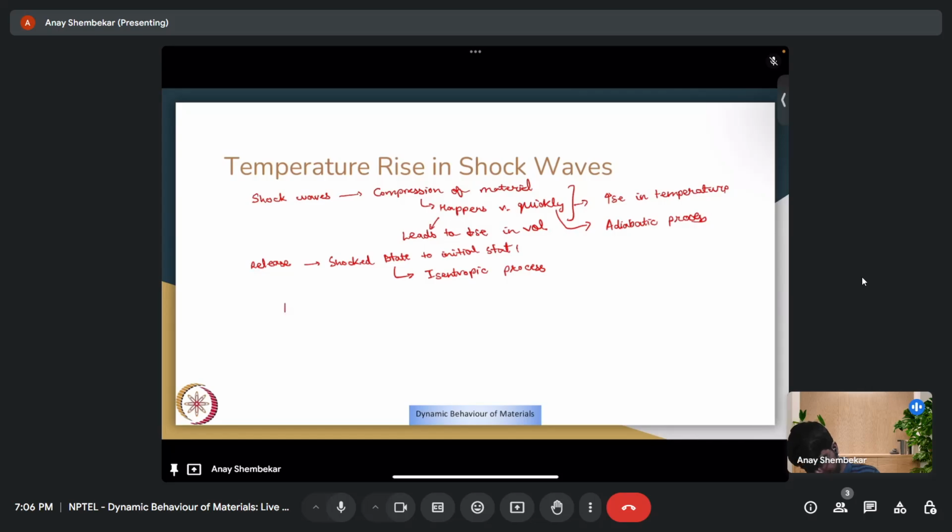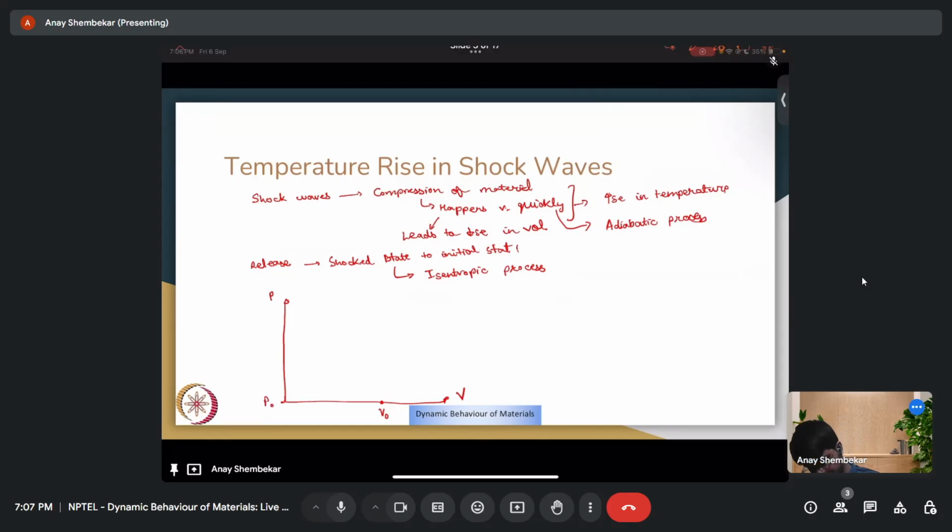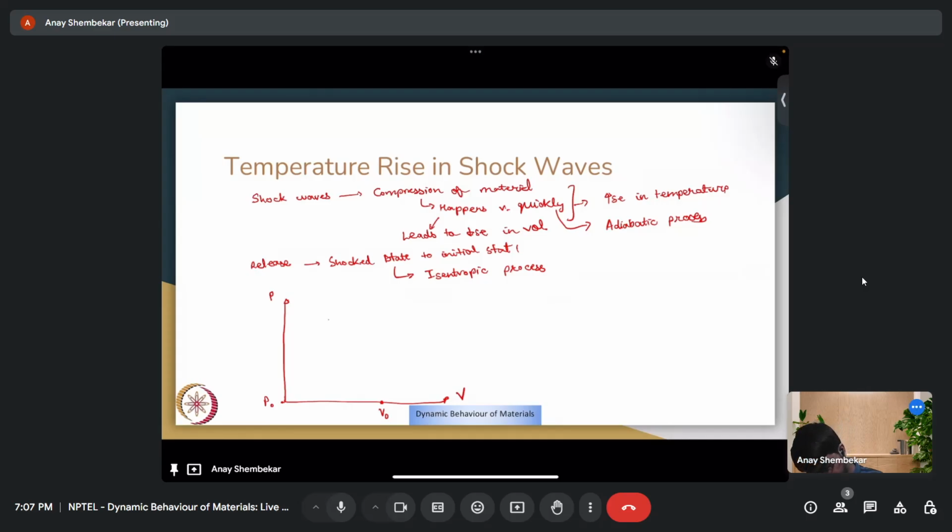So in case of solid materials, if we were to draw a pressure volume diagram, the x axis is the specific volume and the y axis is the pressure. If this is my V naught, this is my initial pressure P naught, which could also be the ambient pressure. You would have your shock Hugoniot, which would take it to some volume, compress it to a volume V1, and increase the pressure to a point P1.